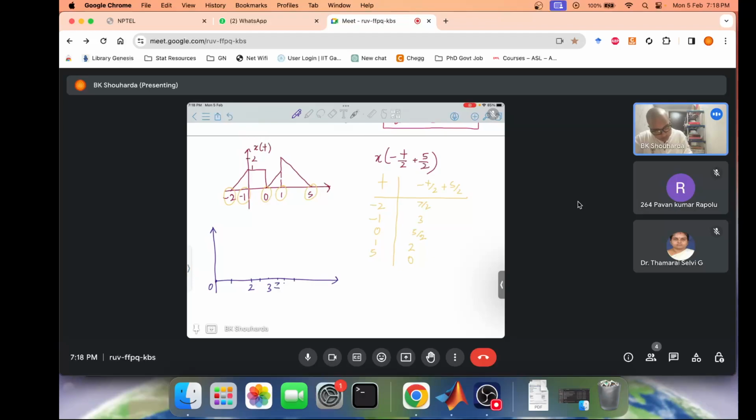This is 7 upon 2. This is 5 upon 2. So when we move from 1 to 5, it moves downwards. Let me do it clearly. We are moving from 5 to 1 upwards. You see, 5 to 1 means moving upwards.